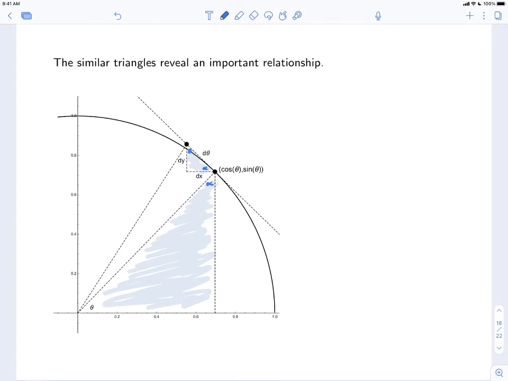So what are the sides that correspond to one another? For example, we have the hypotenuse, which is d theta. That corresponds to this hypotenuse, which of course is the radius of the circle, so that length is 1.